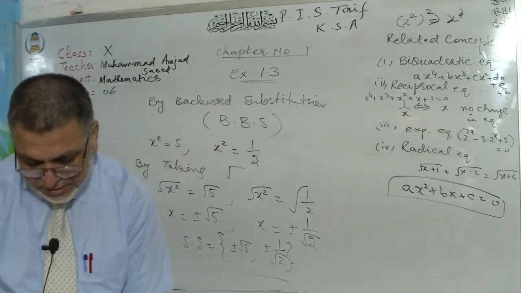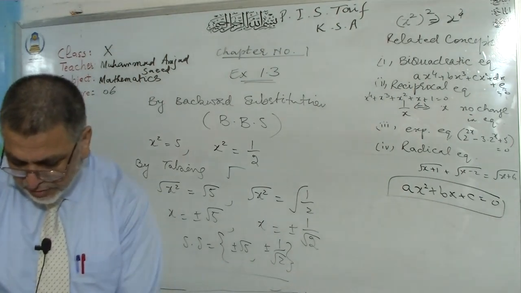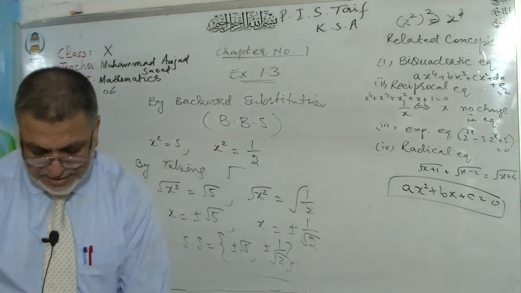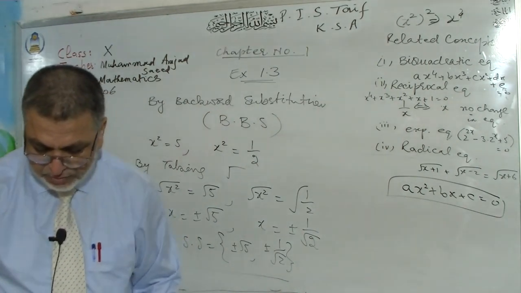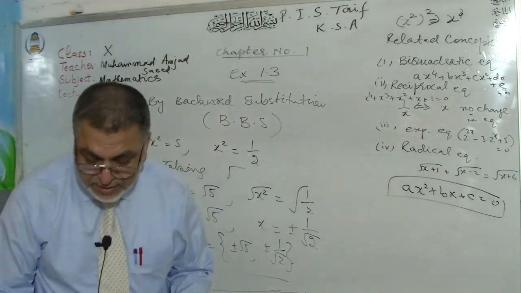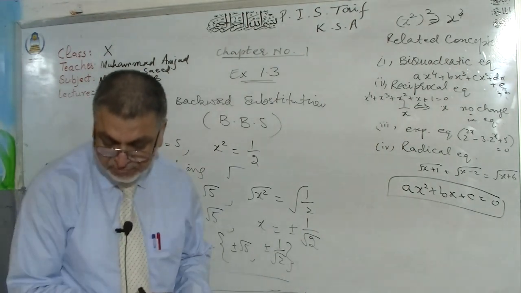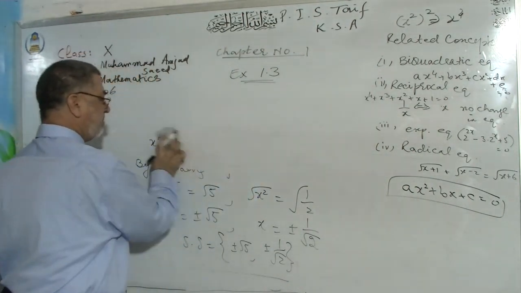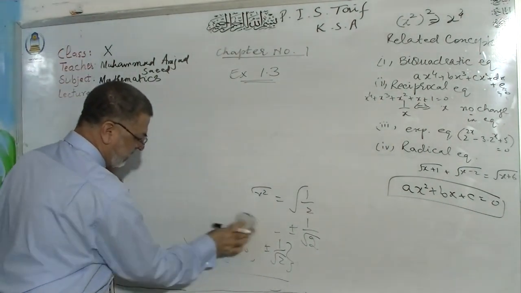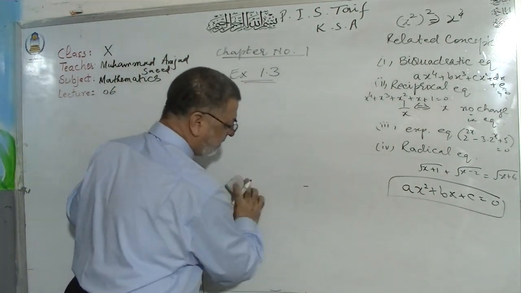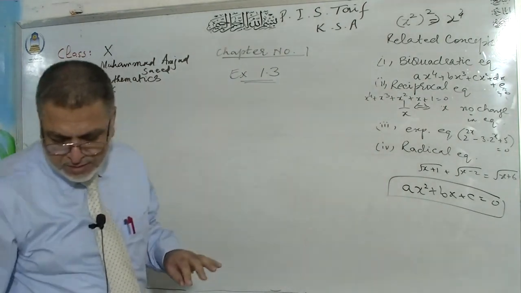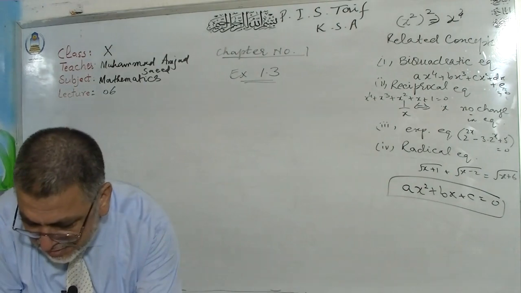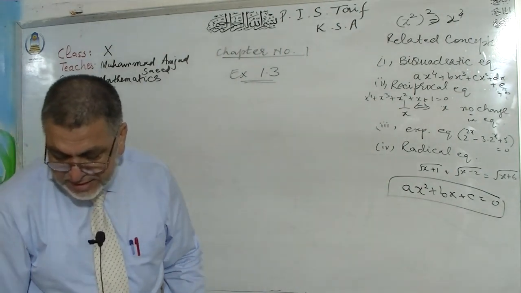After that, you can see from the book, your second question is exactly the same. So I am going to solve your question number 3. What type of equation is given?